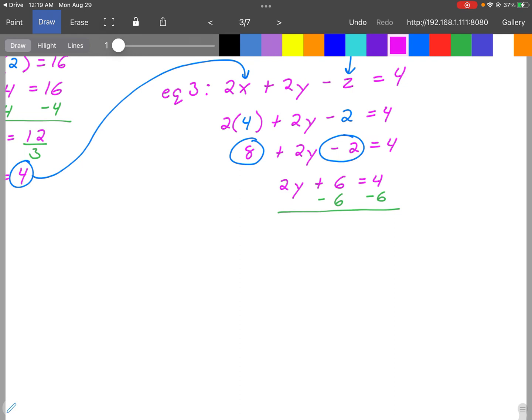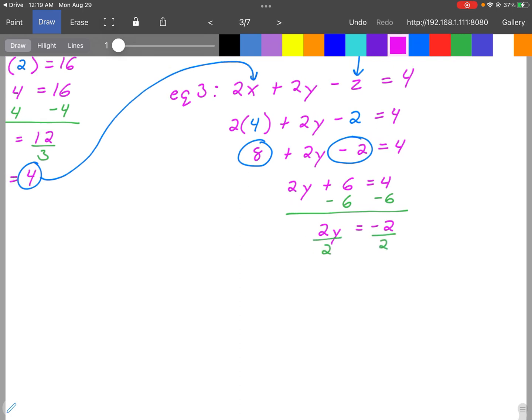So now subtract my 6, and I get that 2y equals negative 2. And then the last thing I do is divide by 2, and I get that y equals negative 1.